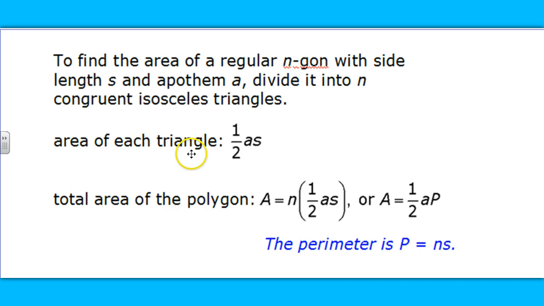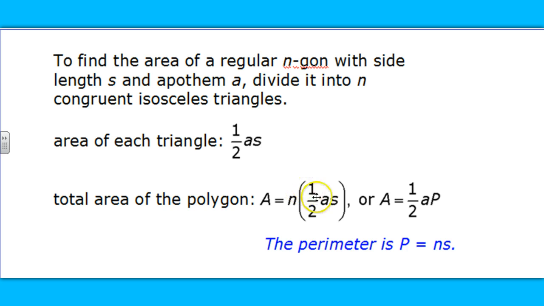And so the area of each of those triangles would be half of base times height. Half of the base S times the height apothem, right? The total area then of the polygon would be the number of sides of the polygon, which is the same as the number of triangles, times the areas of the triangles, right? Half of base times height.